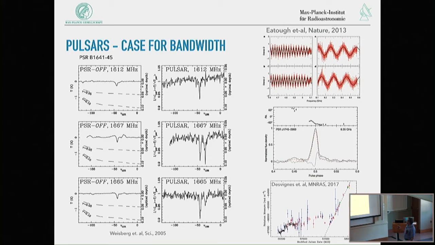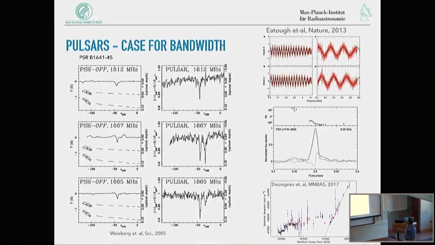With 500 megahertz of bandwidth observed at 6 and 8 gigahertz, this is the Stokes Q and U, and that rotates rapidly because of the magnetic field. You see that the error bars are quite large here, as shown by the blue and red dots.